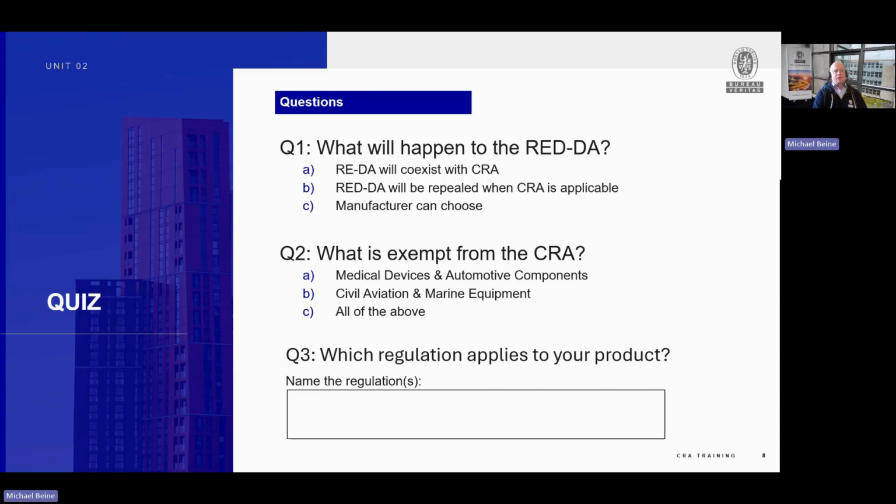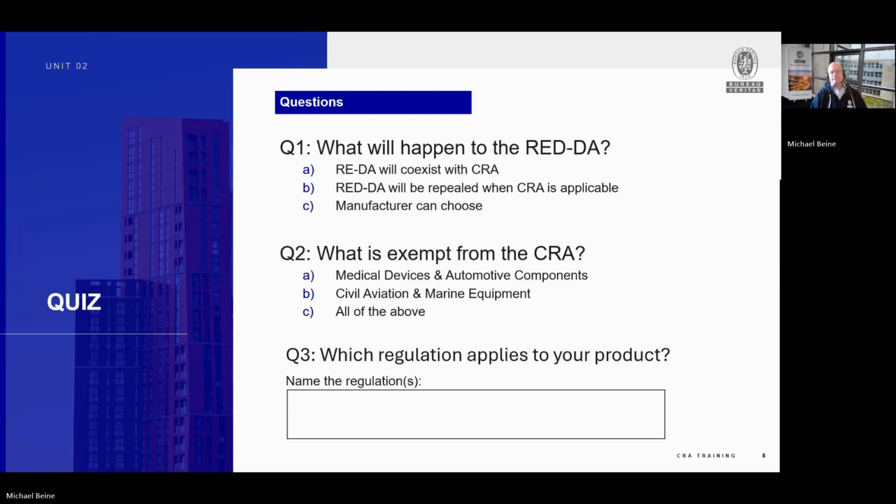Okay, that's clearly not a choice of the manufacturer. That is a legal act, a delegated act. And as I said, yesterday the delegated act was enacted to repeal the Radio Equipment Directive cybersecurity aspects as soon as the CRA applies on the 11th of December 2027.